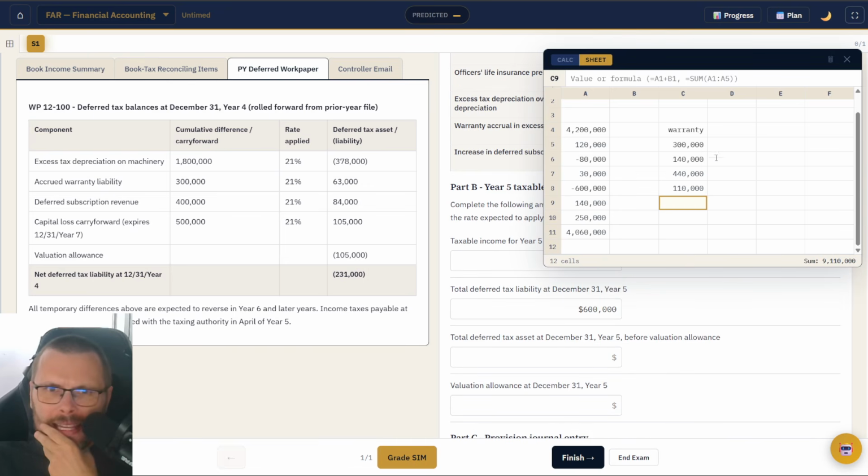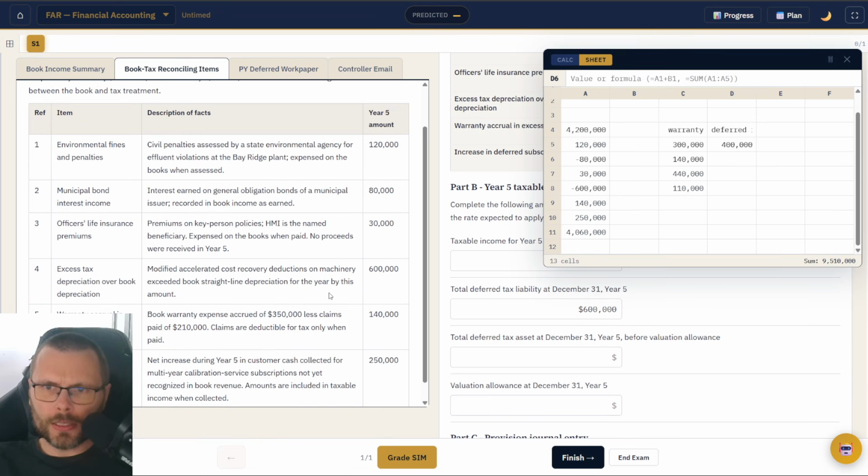And then the deferred revenue was 400 plus this year's 250.